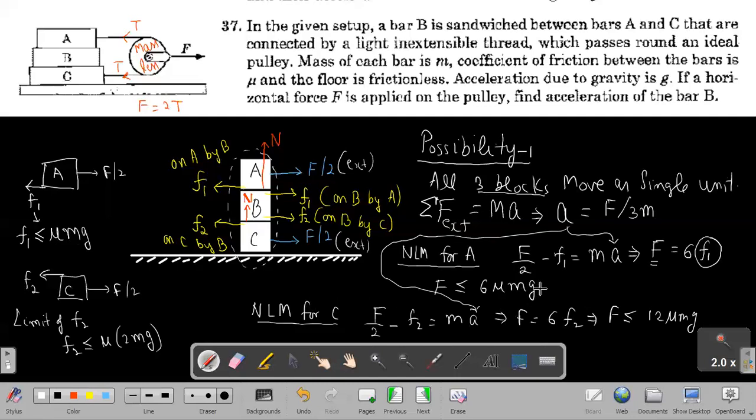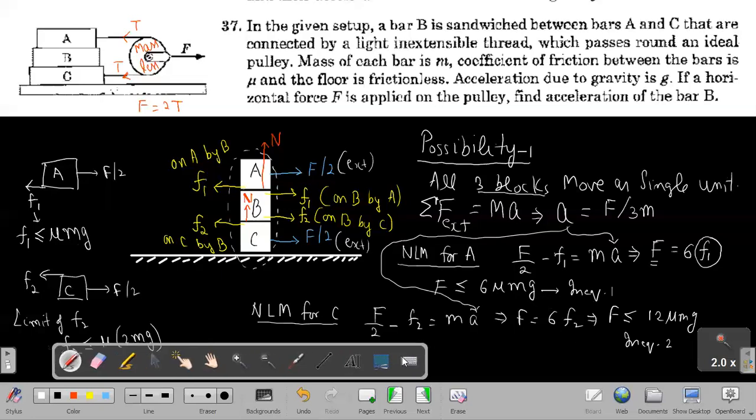But since we have considered all three blocks as a system, moving as a single unit, we have to consider the intersection of these two inequalities. This is inequality 1, and now we have another inequality 2. If we consider the intersection, we get F less than or equal to 6 mu mg.